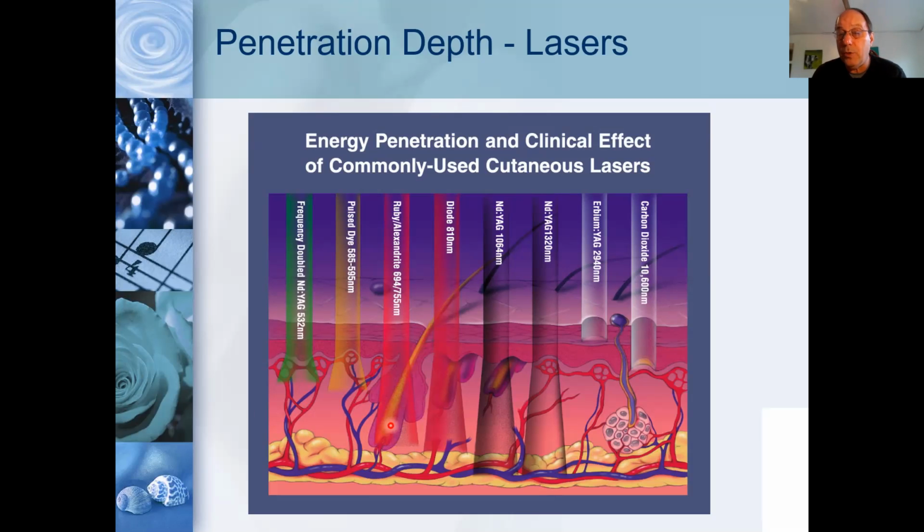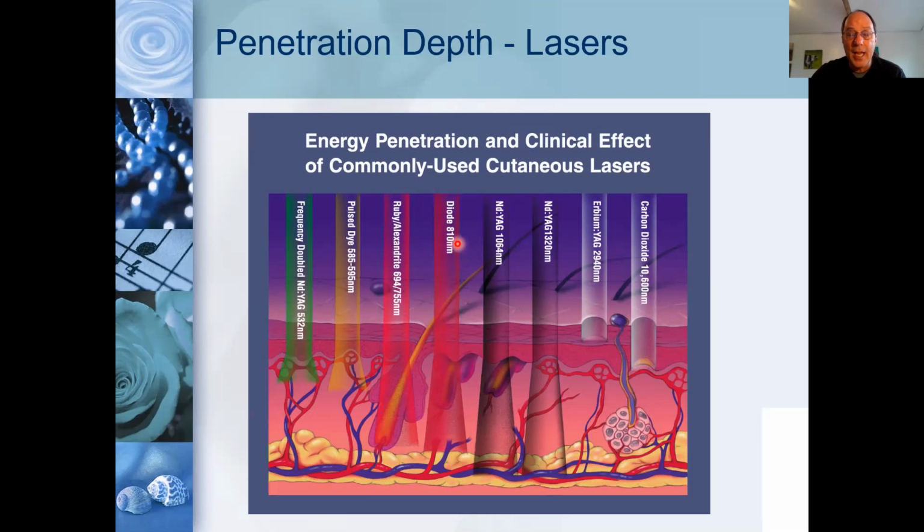So the reason you do multiple sessions is because you have to hit the hair in the anagen growth phase, and there's no way to predict which ones are and which ones aren't. So you do the treatment every 4 weeks until you get as many of them gone as you want and can afford.